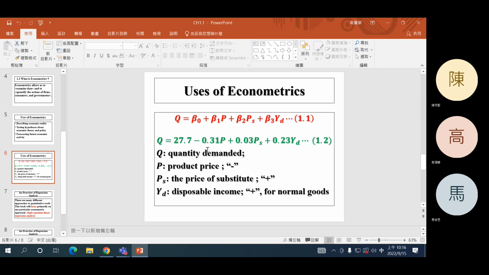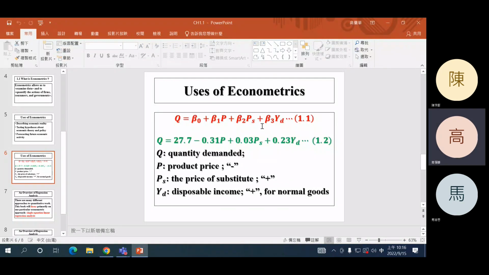So you all see the equation 1.1. Those of you who never took statistics in undergrad, the equation is something like this one.